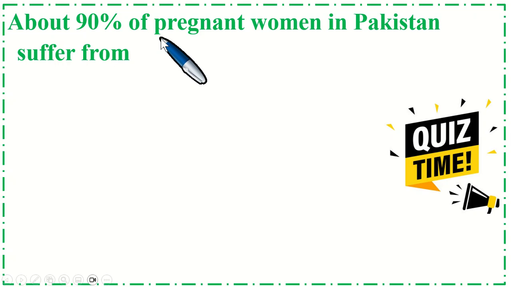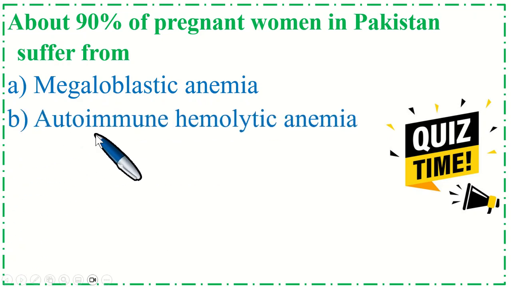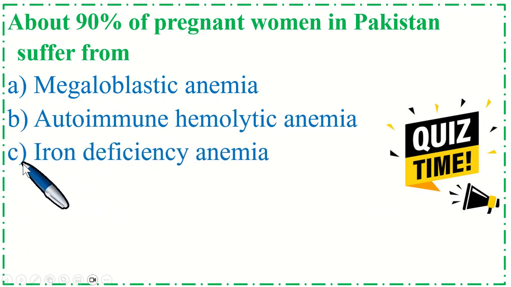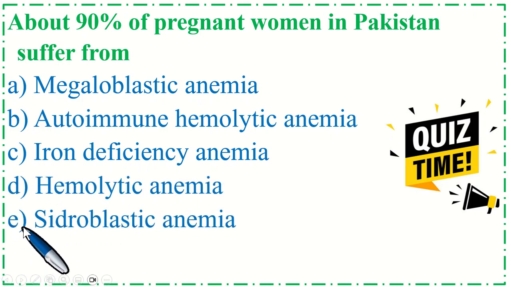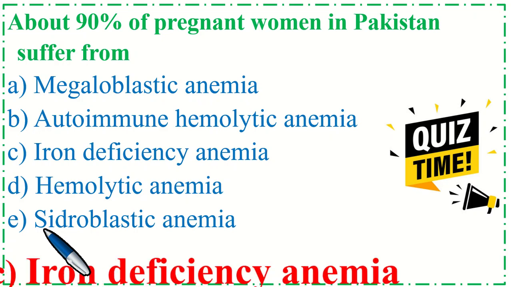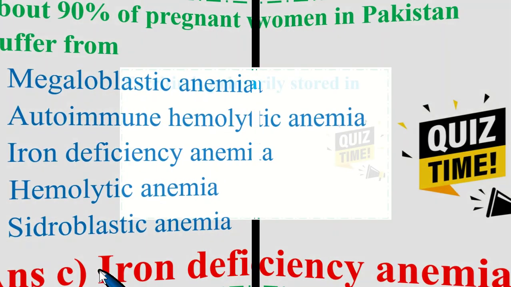About 90% of pregnant women in Pakistan suffer from option A megaloblastic anemia, B autoimmune hemolytic anemia, option C iron deficiency anemia, option D hemolytic anemia, and option E sideroblastic anemia. Correct option is C iron deficiency anemia.